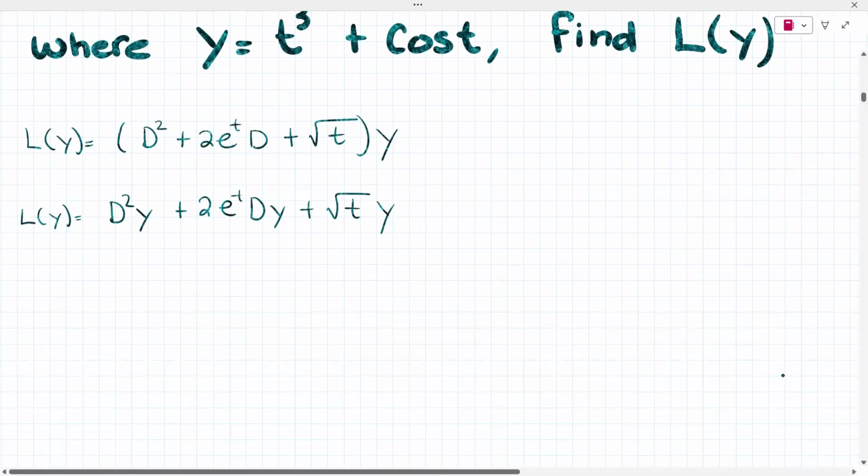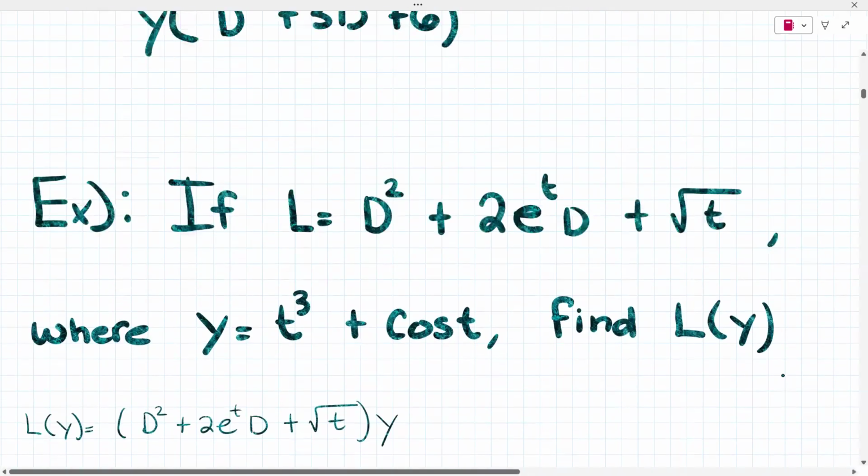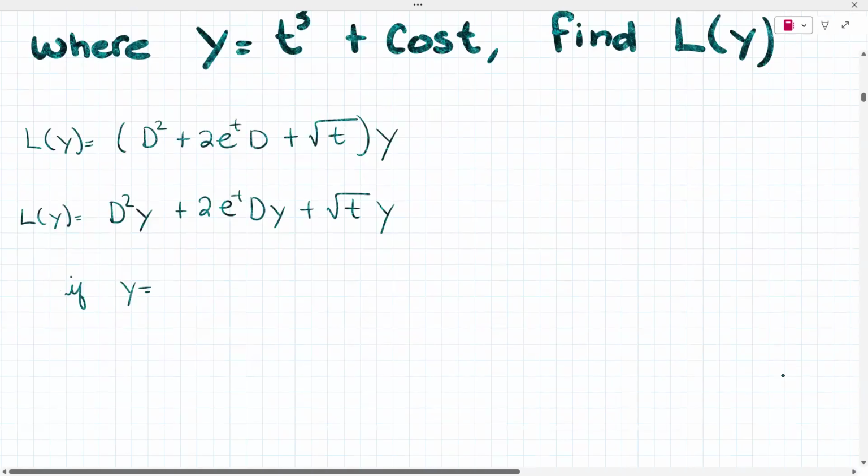Now what we're going to do is substitute our d squared y and our dy. So if you recall, they tell us that y equals t cubed plus cosine t, right? Well, we need d squared y and dy, so we basically need the first derivative of y and the second derivative of y. Let's do that. You see this d squared y?